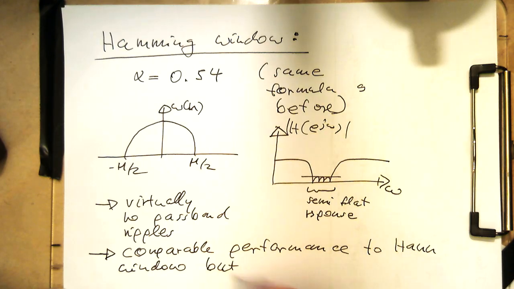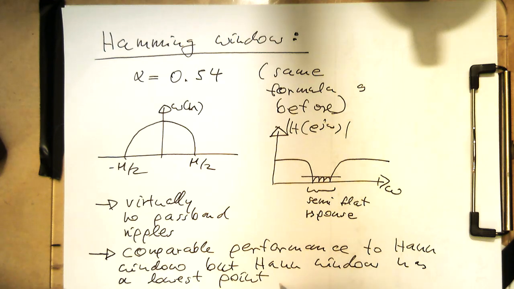But the difference is, the Hann window has the lowest point in the stop band, whereas the other one doesn't.